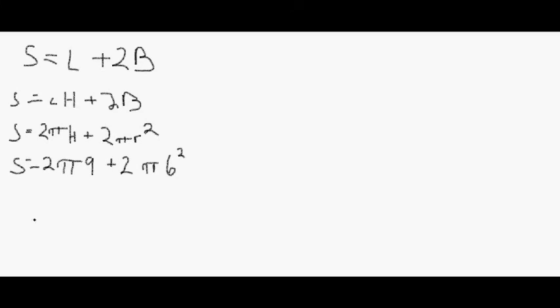Alright, now all we have to do is just fill in the data. So this becomes S equals, this should be 2 pi, I messed up. This should be 2 pi r h. Sorry, 2 pi times r times h.